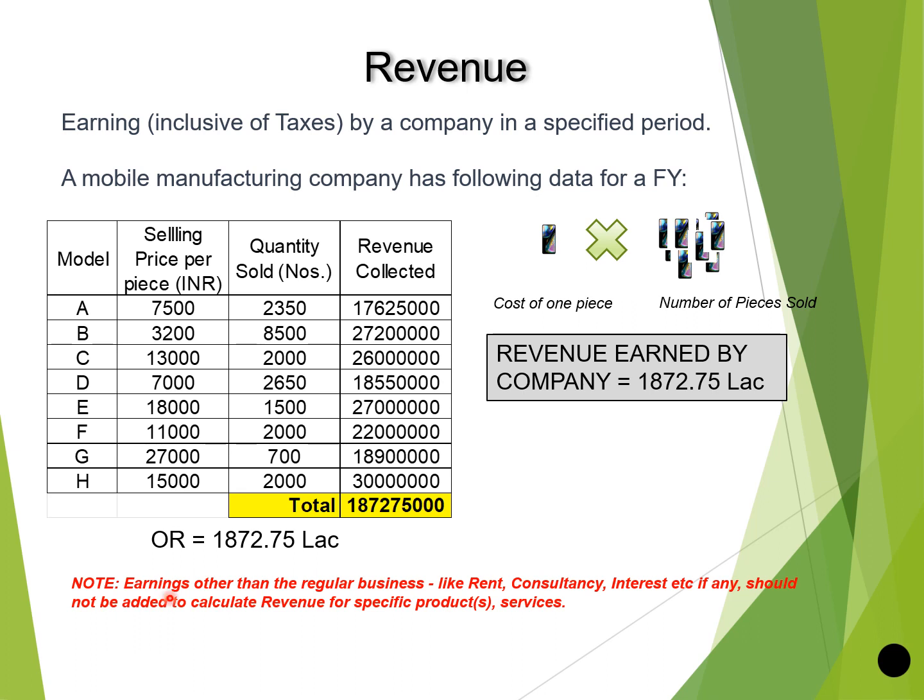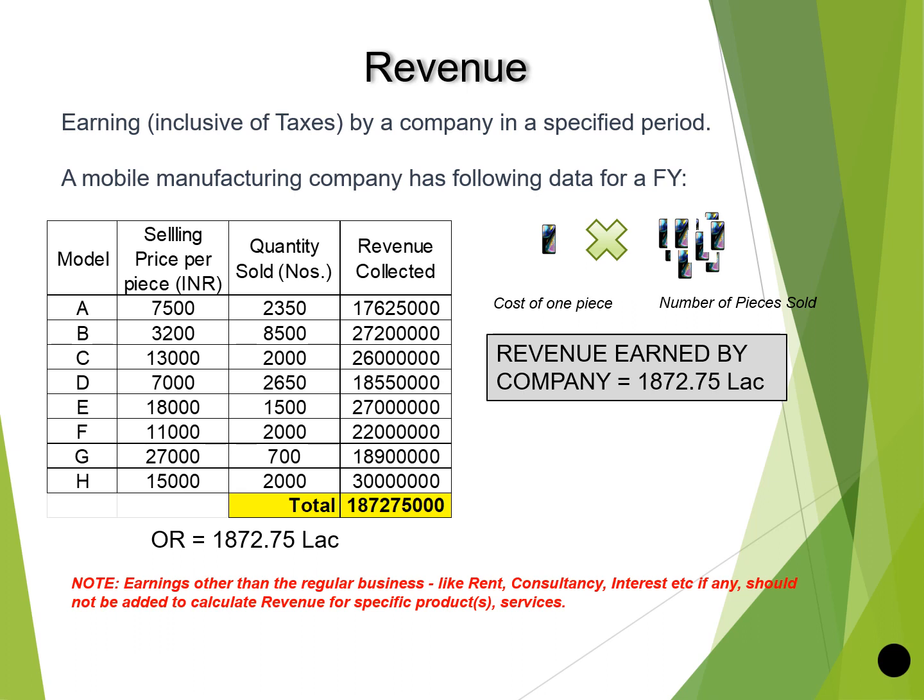Mind it, earning other than regular business like rent, consultancy, interest, etc., if any, should not be added to calculate revenue for specific product or services. If we are calculating the revenue for the company for the complete financial year, then all this earning shall be added.